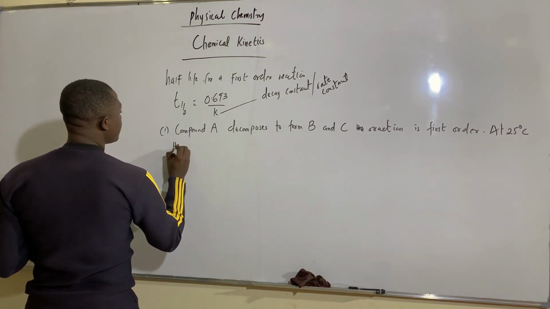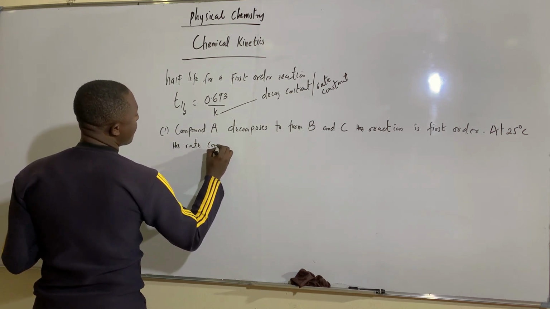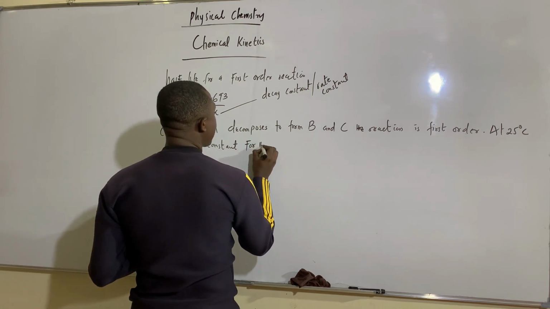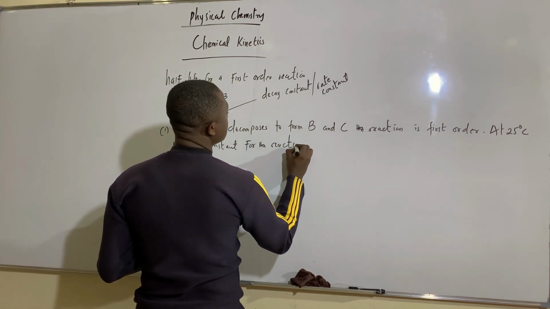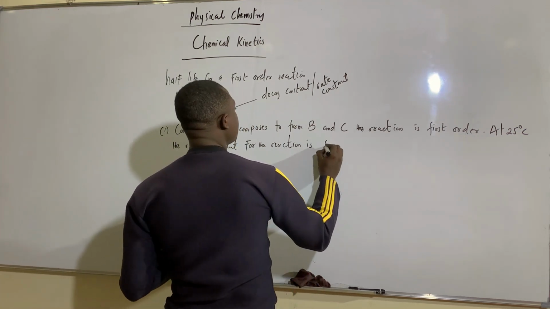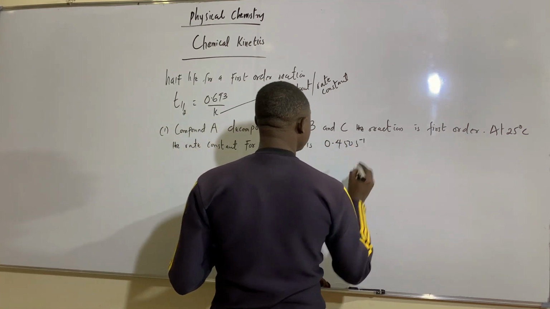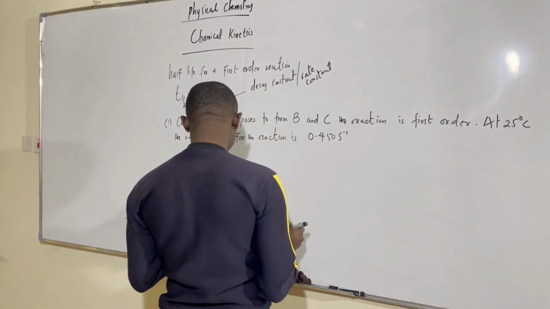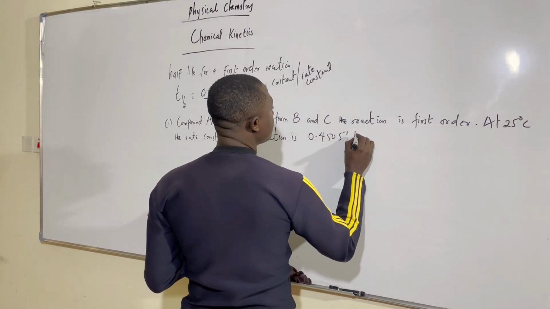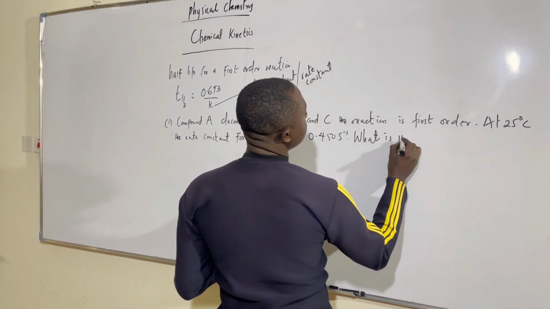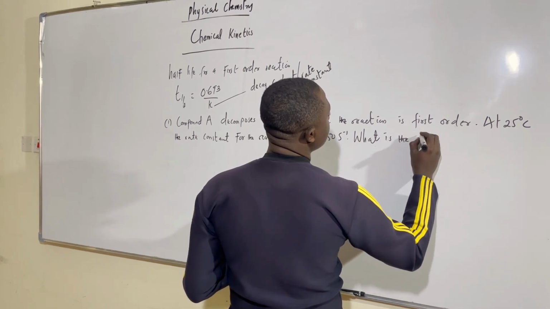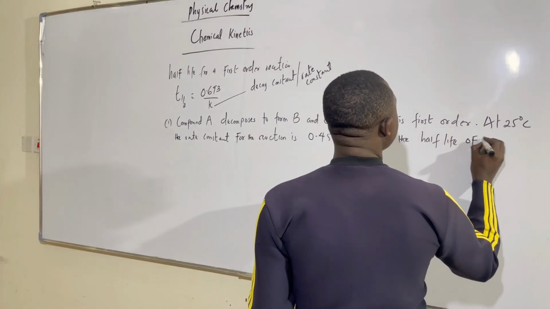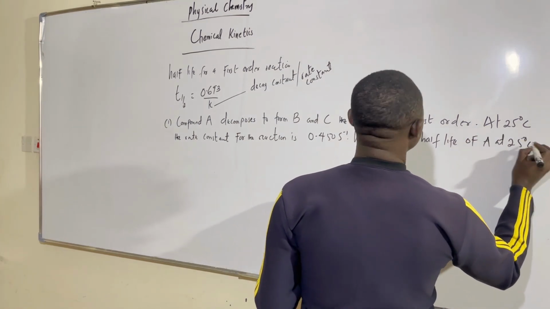The rate constant for the reaction is 0.450 per second. What is the half-life of A at 25 degrees Celsius?